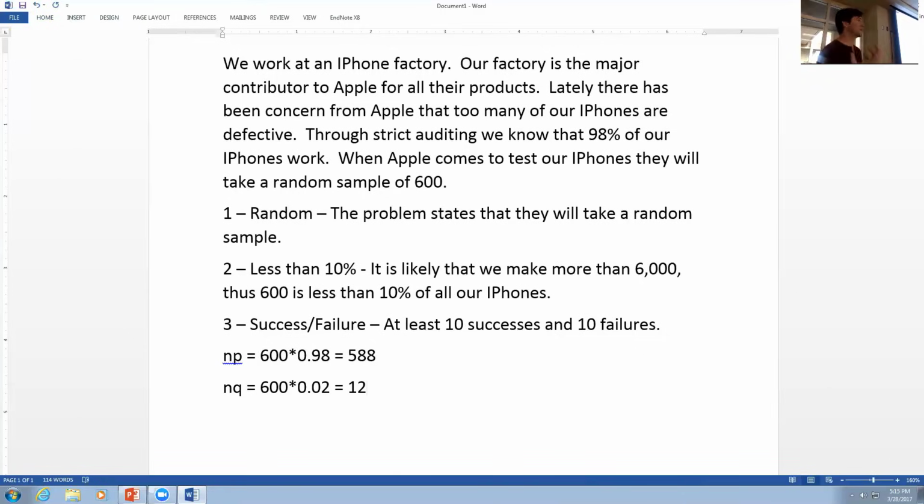Because you expect this many successes, you expect this many failures, and then that would be everything. Things will either be successes or failures. So 588 plus 12 is 600. So you will see, because 98% and 2% add up to 100%, you get 100% of n. So we pass this right here, we are fine.